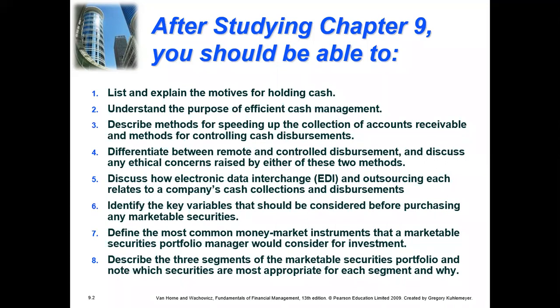Then we will see what the different methods of speeding up the cash collection are, because most organizations, when they do business on an expanded level, have to get engaged in credit management. Of course, you are doing credit sales, and receivables get generated from those credit sales. How do you actually deal with those credit sales?